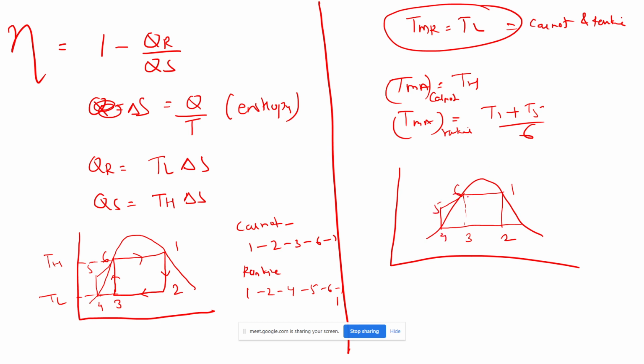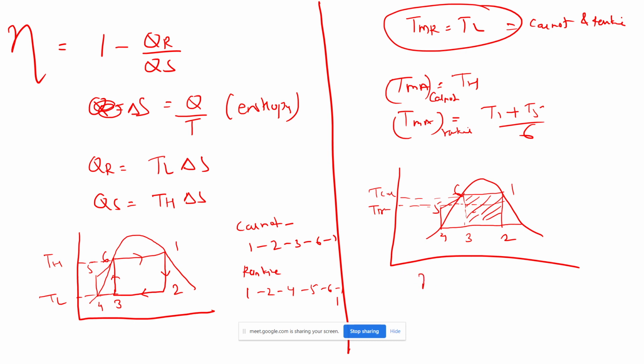What will be the mean temperature of heat addition for this? This area will represent it for the Carnot cycle, but in the Rankine cycle it will be somewhere here. So the mean temperature of heat addition is somewhat lower. This is for the Carnot cycle, and this is for the Rankine cycle. Now is it visible?